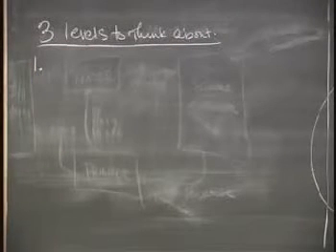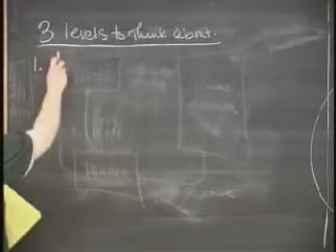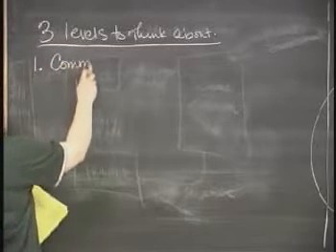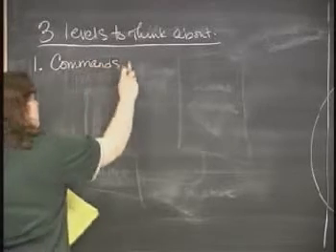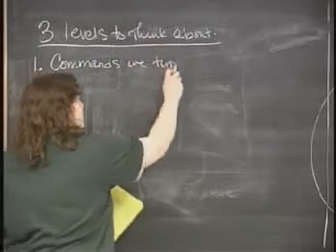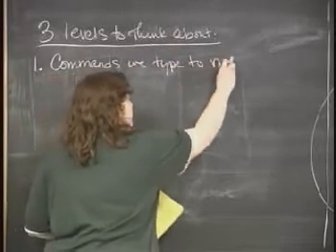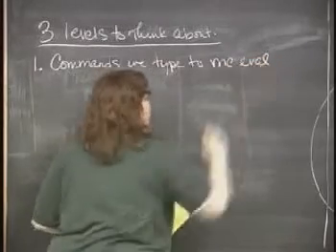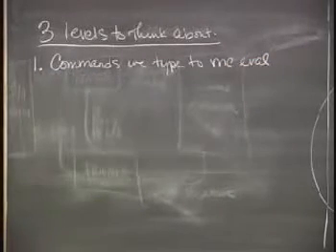The first level, this is where we're going to be interacting with the metacircular evaluator. This is going to be the commands we type in. So this is the commands we type to the metacircular evaluator, which I will call MC eval.